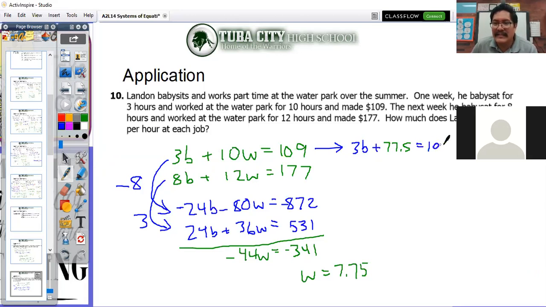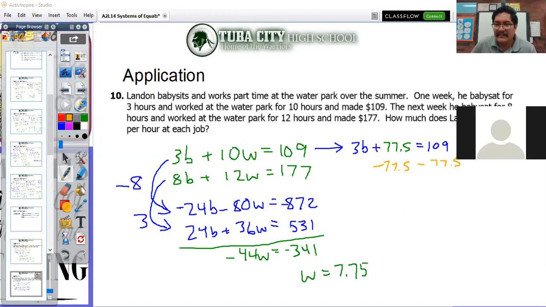So that was super easy. I just put $7.75 in here and times it by 10. All you got to do is move the decimal over, and that's it.